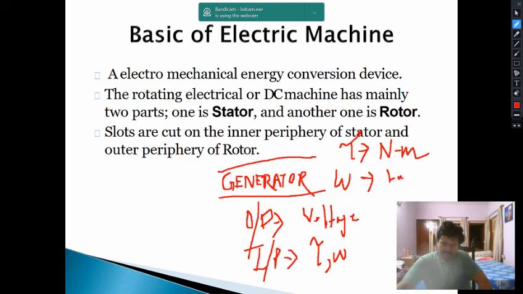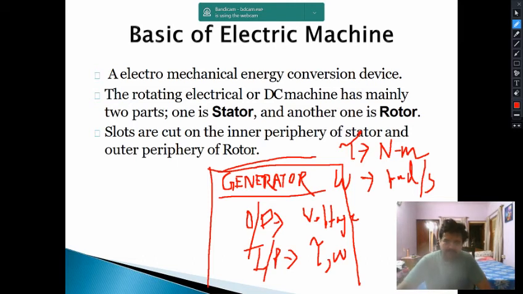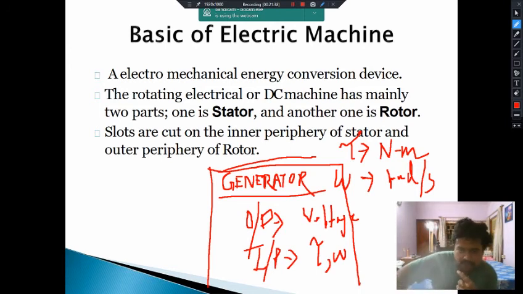Its unit is rad per second or radian per second. So this is the fact of a generator. So in both the cases, you have to remember which one is the output and which one is the input.